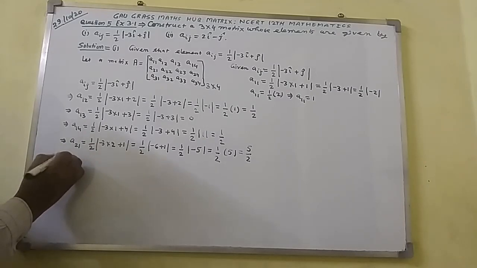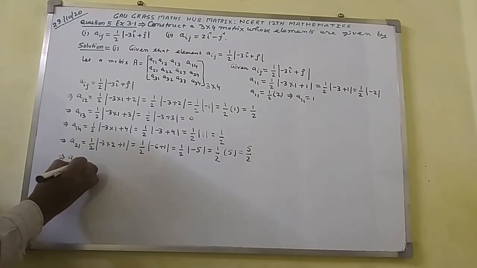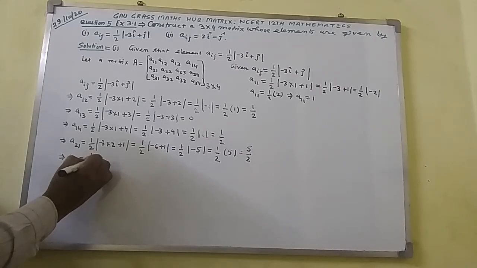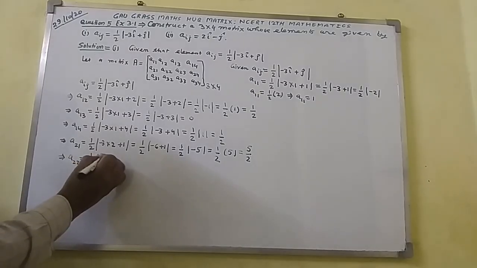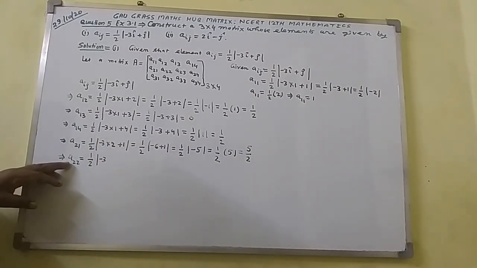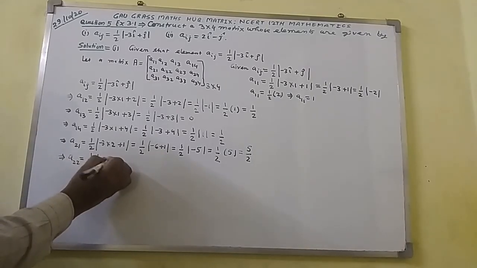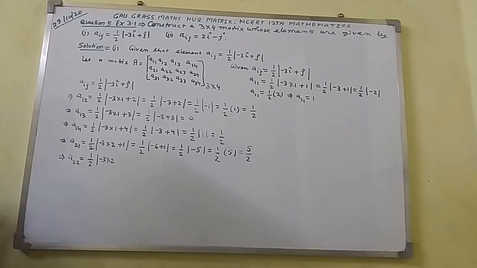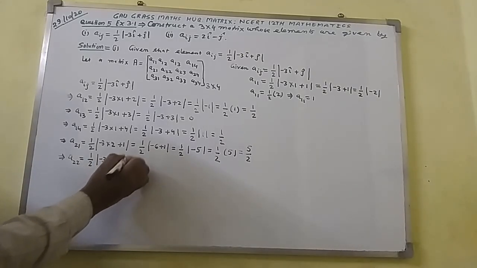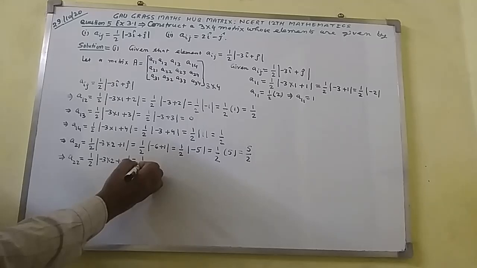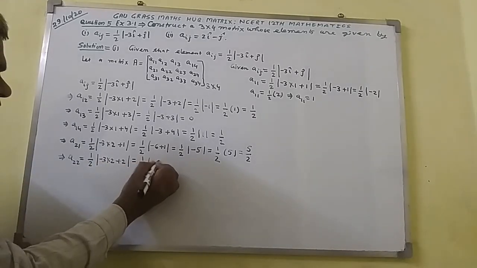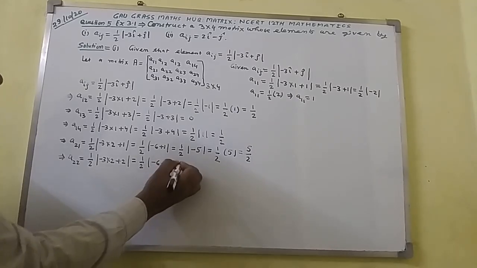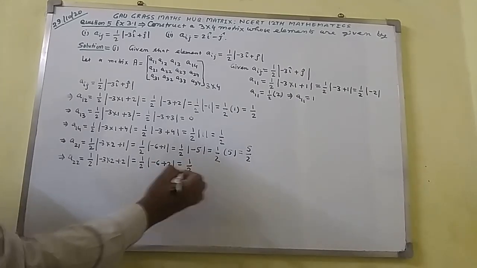Now come to the next, A22. I shall write 1 over 2 mod minus 3, in place of i I shall write 2, plus, in place of j, I shall write 2. Do the operation: minus 3 will multiply to 2, we will get minus 6 plus 2, mod, equal to 1 over 2 mod.